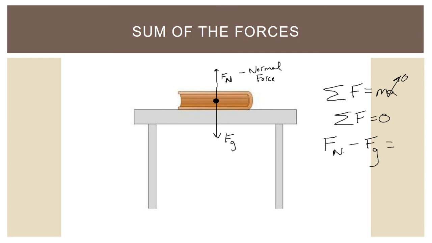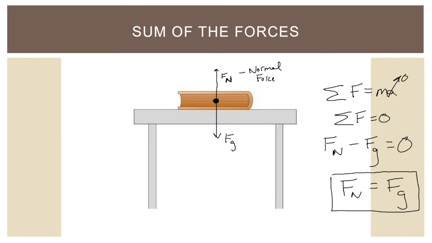So we have the normal force minus the gravitational force equals 0. The only thing we can do with that equation is recognize something really important, which is that the normal force is equal to the gravitational force in magnitude. These forces are equal in magnitude and opposite in direction.